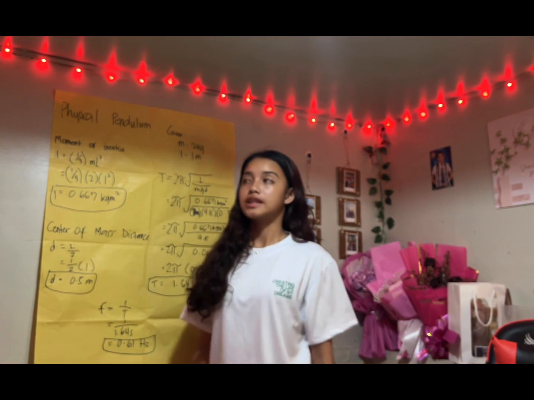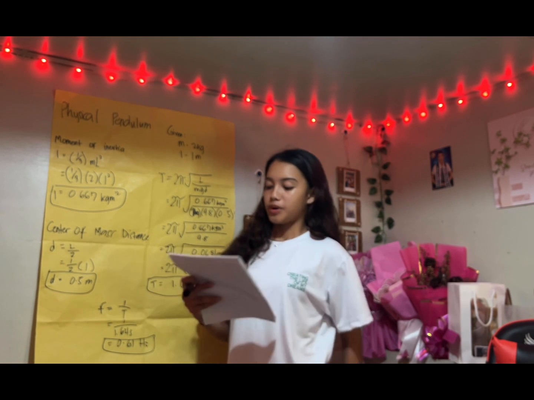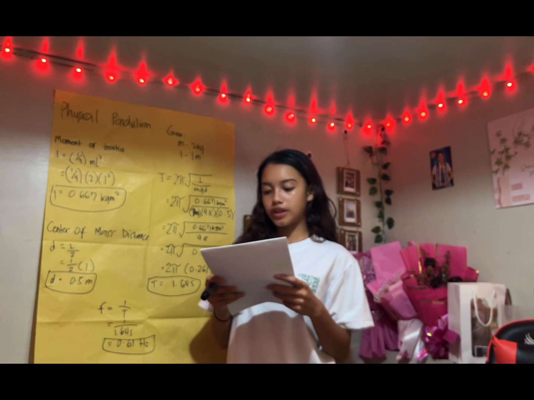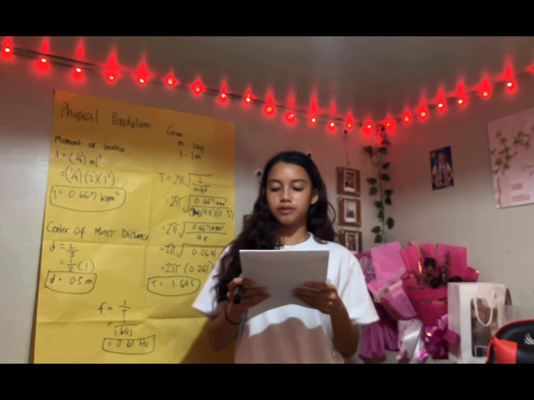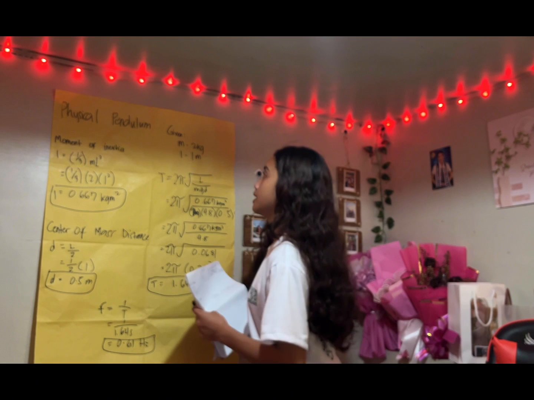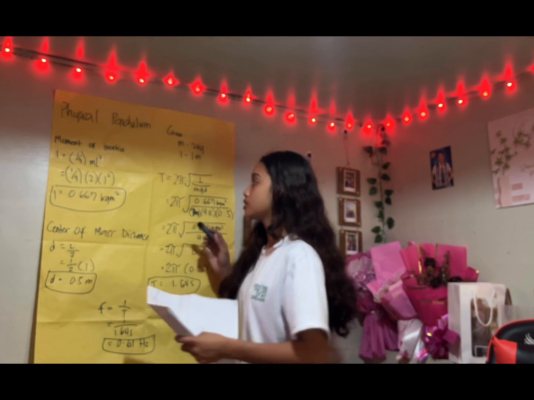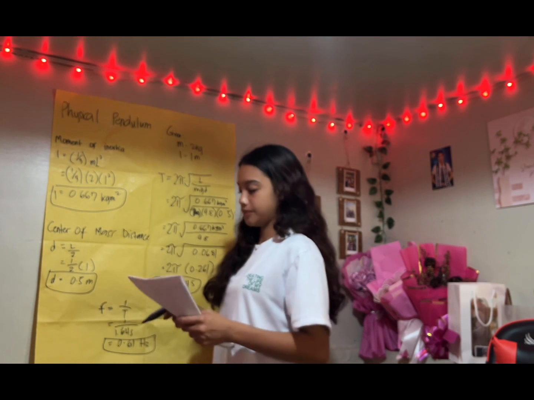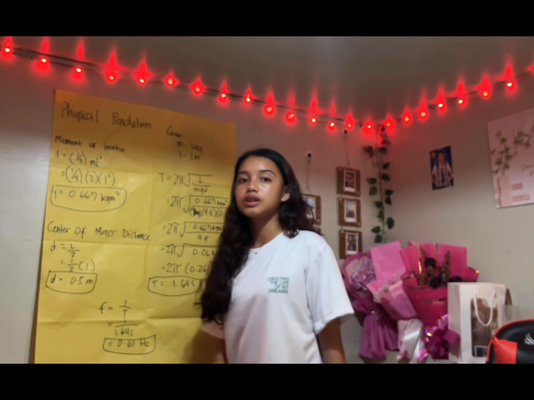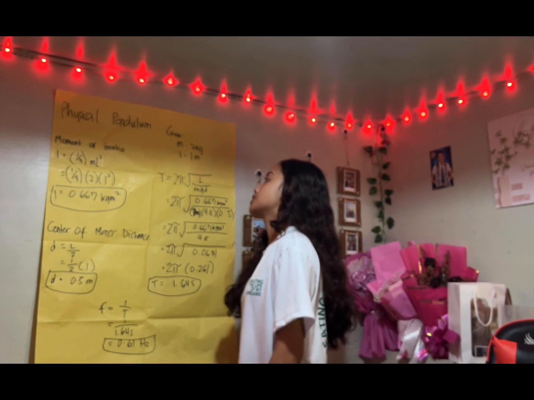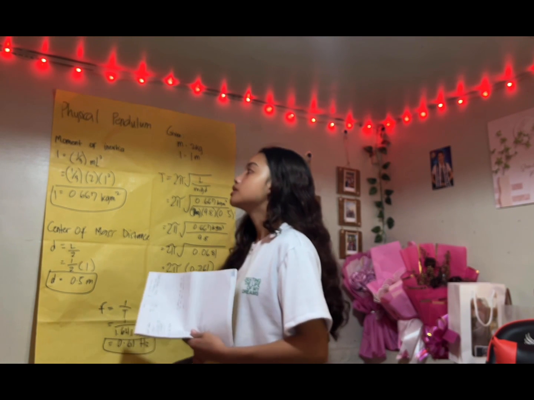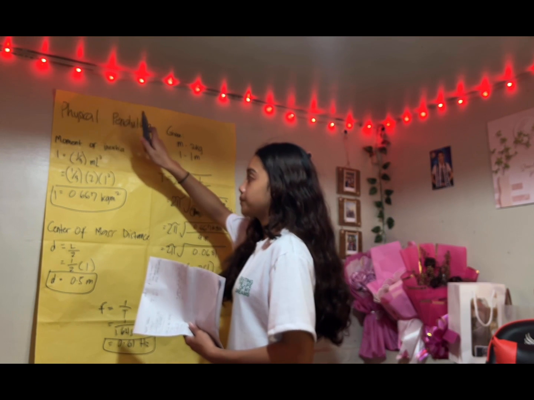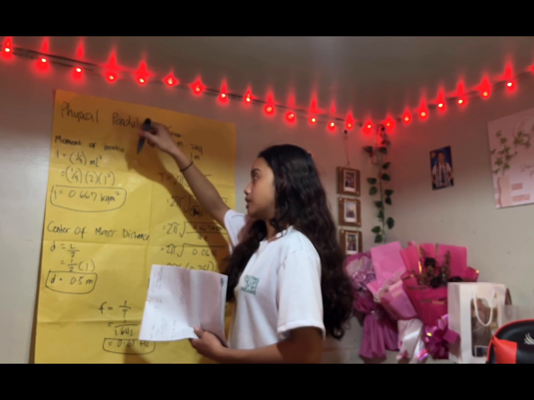As I said earlier, the problem is a uniform rod of length 1 meter and mass 2 kg pivoted at one end. This is the solution that I did earlier for the physical pendulum. First we need to solve the moment of inertia. This is the formula: I is equal to 1 over 3 m L squared.